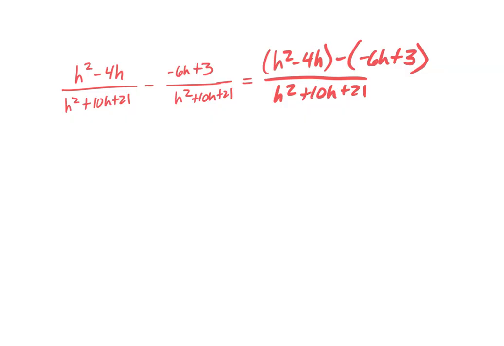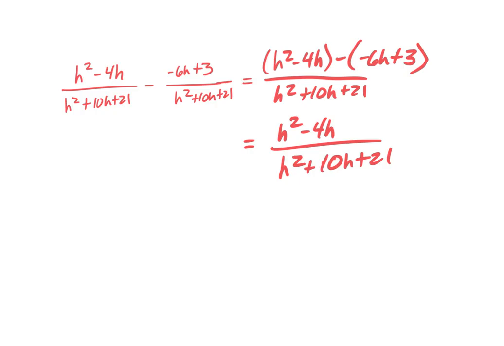And so then we have, and once again, the denominator is going to stay the same. So what we're going to have here is h squared minus 4h, okay?